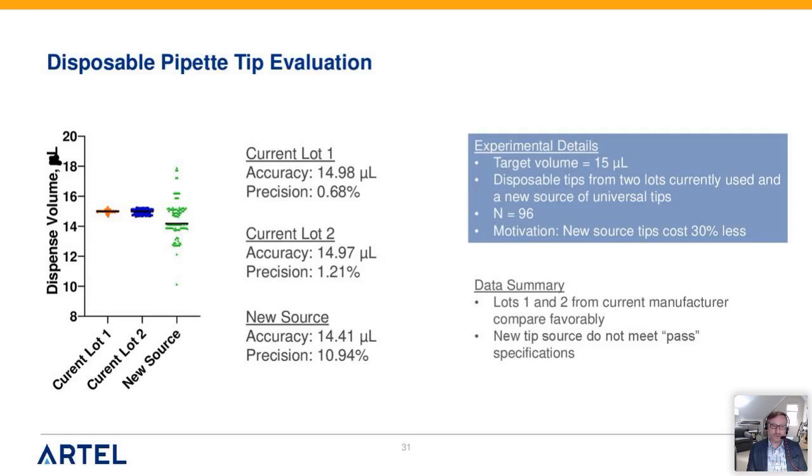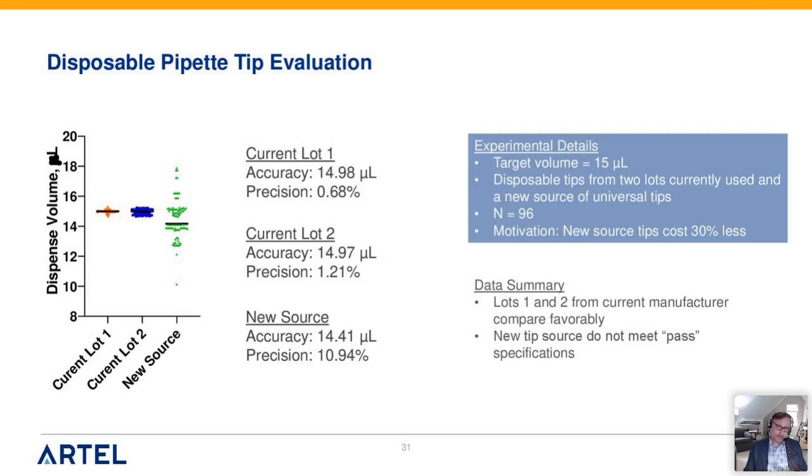But from the new source, it doesn't meet our specifications. The variability is way too large, and the accuracy is not within the range that we want it to be. So what we're saying here is, just because the new tips are 30% less cost, which is fantastic, the performance of these is not meeting our expectations.